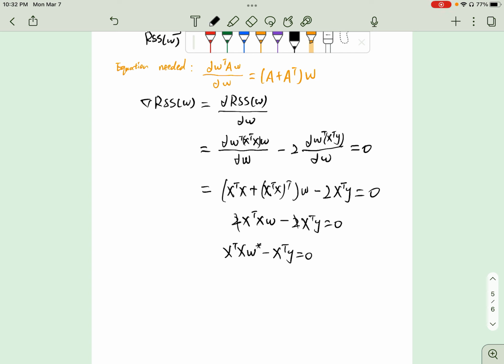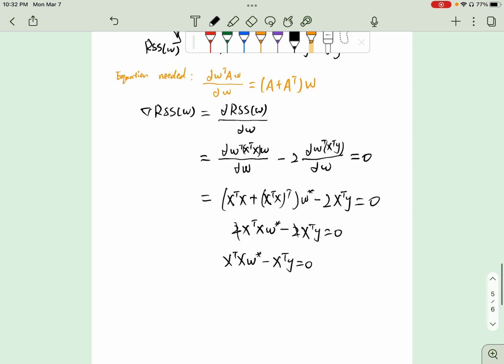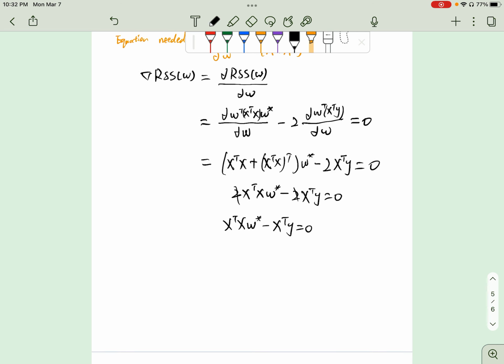Here I will put a star here. Actually, they all have a star because you have set the gradient to 0, so it will give you the optimal weights here. So we find that it is the same as before. So it's all the same now.